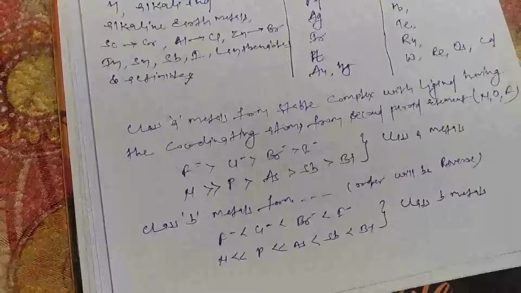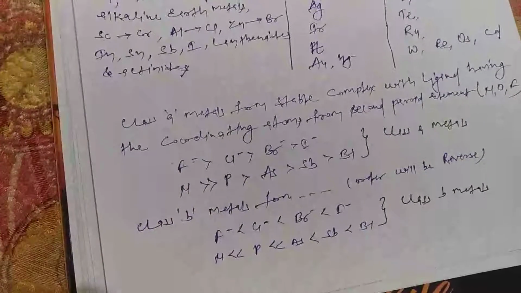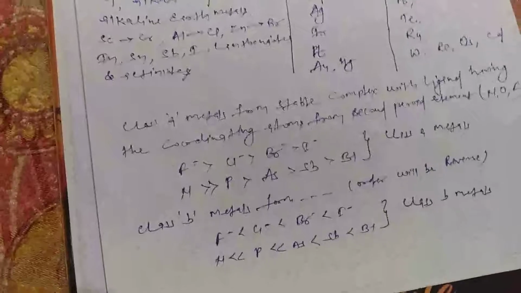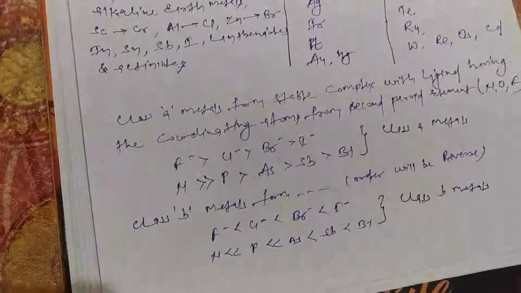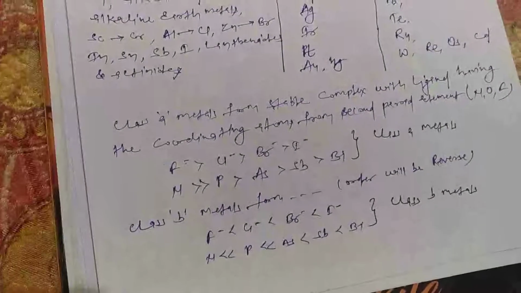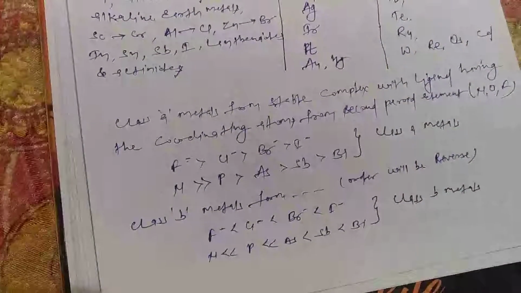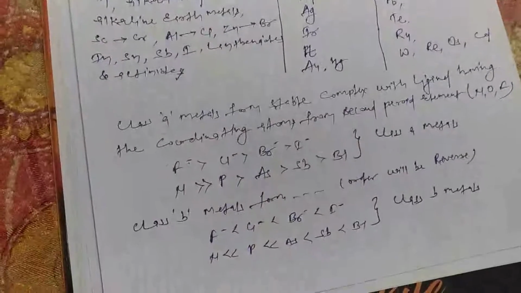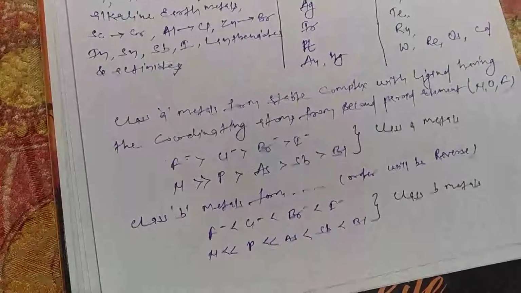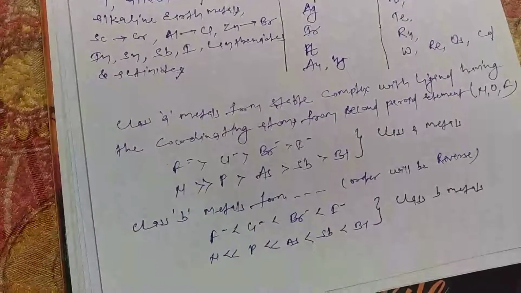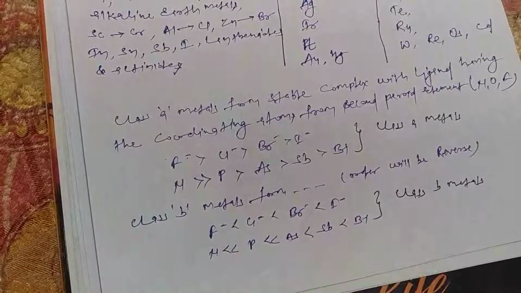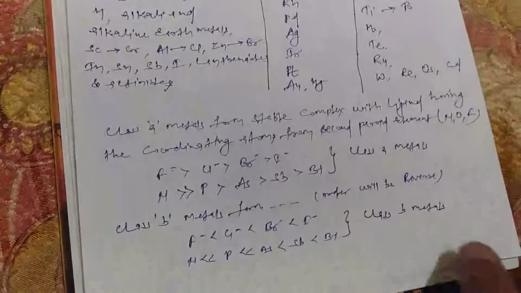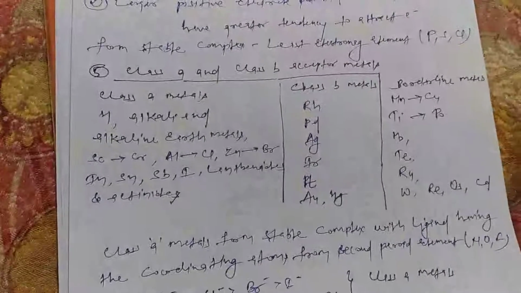And with class B metals, generally we are talking about the presence of d electrons. Class B metals can be characterized by the presence of a number of d electrons. The third is the borderline. If they do not belong to class A or class B, then they belong to borderline metals. So the stability constants do not display either class A or class B behavior. So these are the different factors responsible for the stability of the complex.